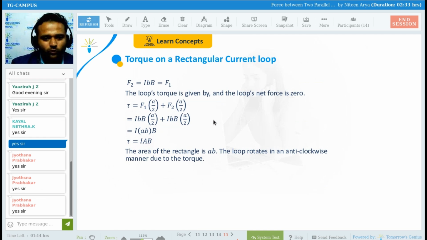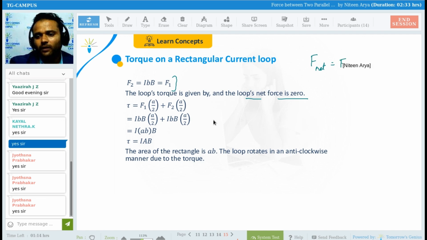So torque on a current carrying loop: F2 equals F1 equals IBb. The loop's net force is 0. As we know, net force is 0 because one is going in one direction and the other is going in the opposite direction. So F net is F1 plus F2, not to remember, but to understand in this way, where F1 equals F2 equals IBb.